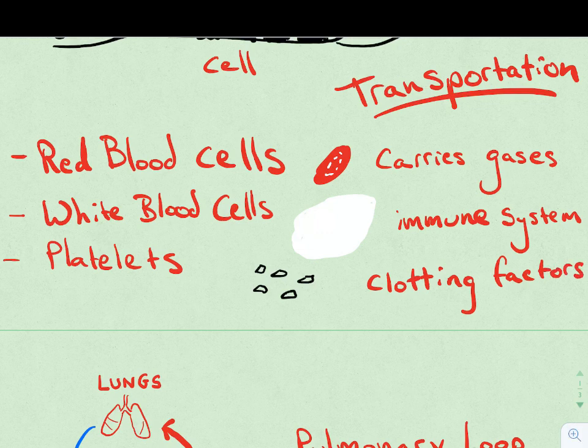If you ever get a cut, these are the things that stop your bleeding. That's why you put pressure on your wounds, and these platelets will eventually stop that bleeding. If you have too many platelets and too much fat in your body, though, you could end up with blood clots, and that's bad.